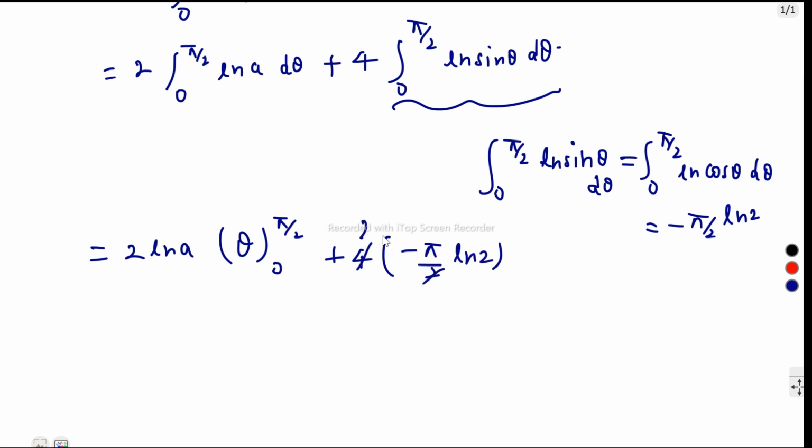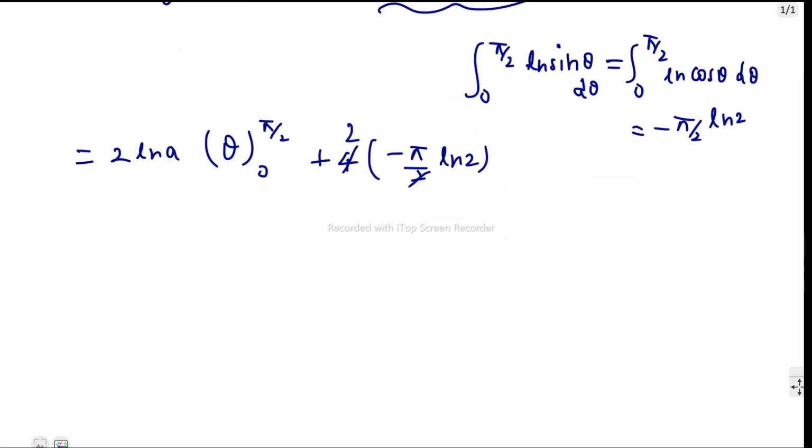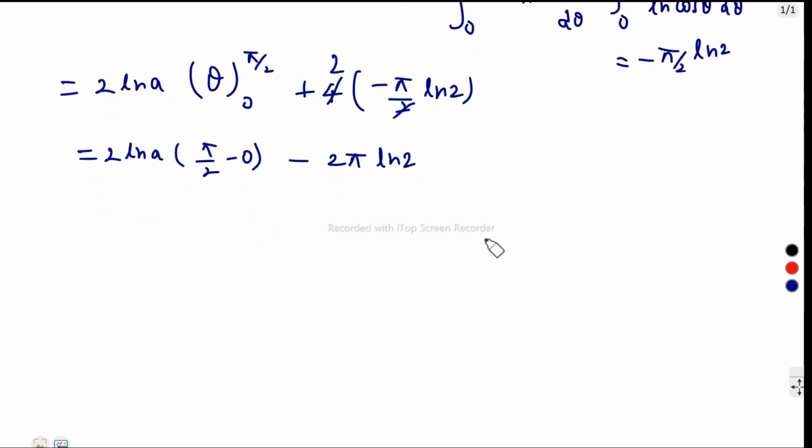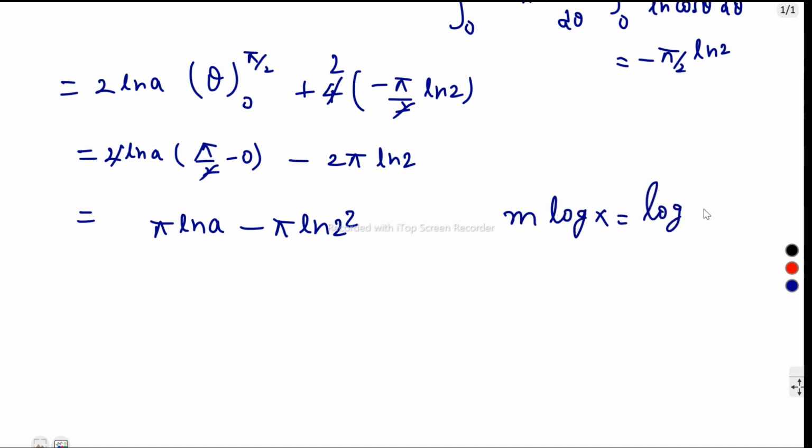So again we can write this as 2 times natural log of a times pi by 2 minus 0, minus 2 pi natural log of 2. Again this 2 gets cancelled, and this is pi times natural log of a minus pi times natural log of 2 squared. Since we know that m log x equals log x raised to power m, we can use this formula here.